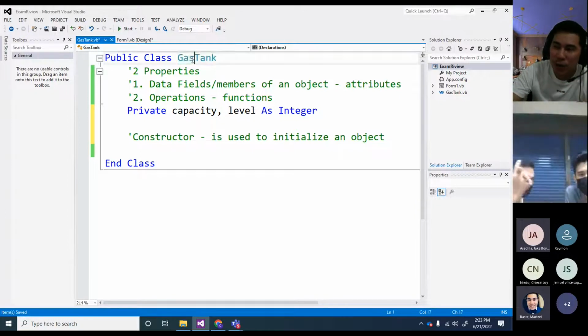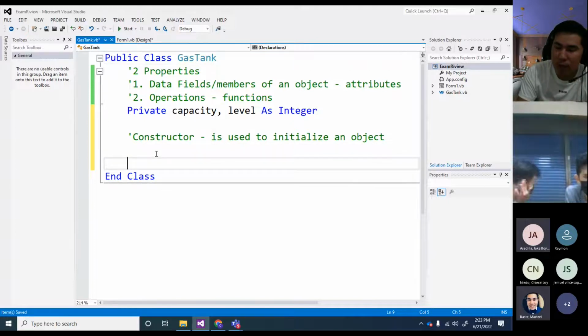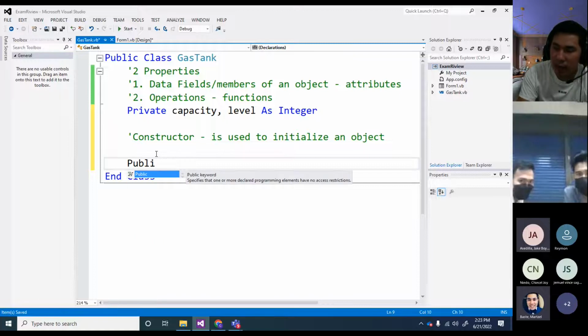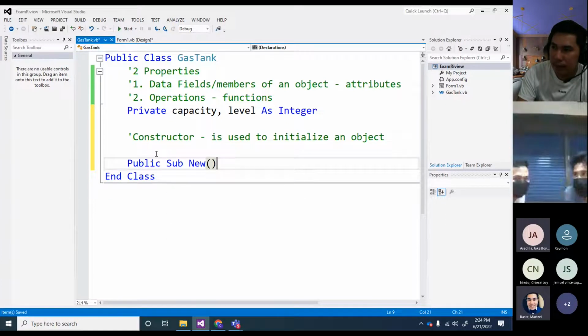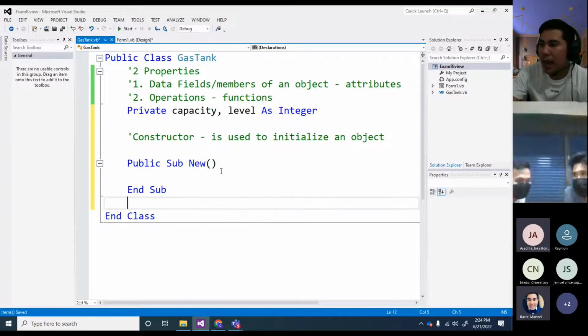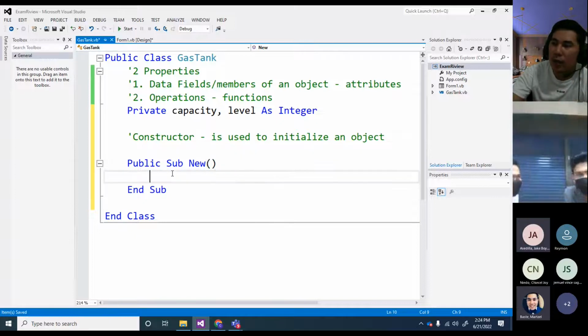So kung unsay pangalan sa imong class, mao po'y pangalan sa imong constructor, sa imong method. Pero sa .NET, the name of the constructor is new. So public sub new. Ayan. So anything na naay new in .NET is called a constructor.